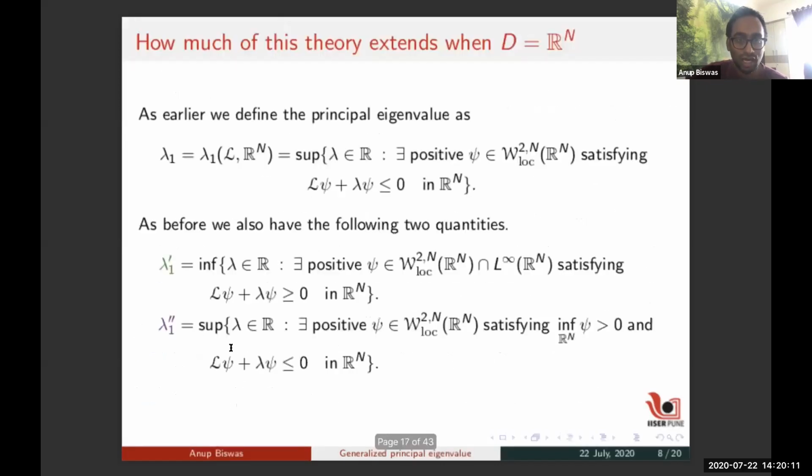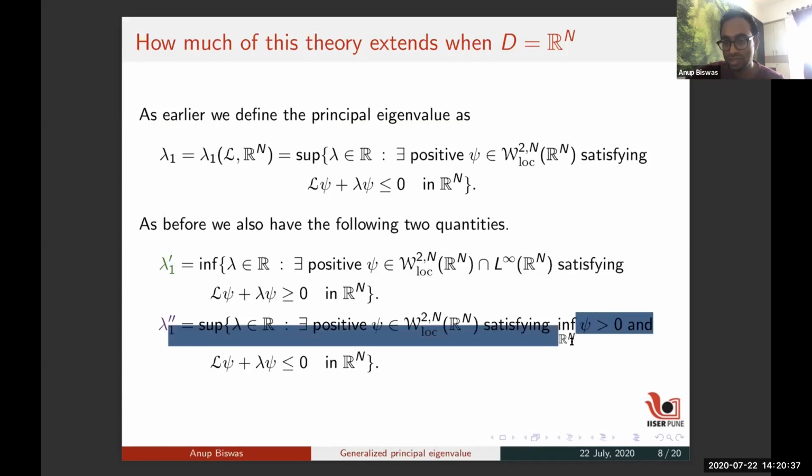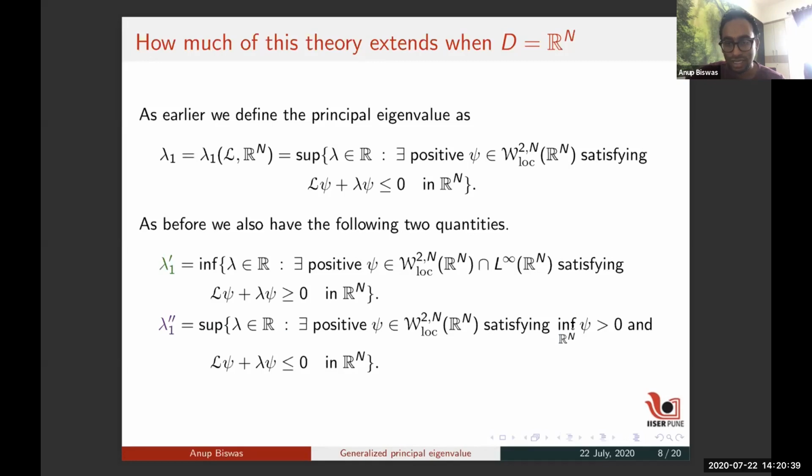Now go back to Rn. You see, I had characterizations of eigenvalues in bounded domains, and I showed there are 3 different representations for eigenvalues and all of them agree. So these representations were like this. The first one is a supremum where I take positive super solutions in Rn. And here, for lambda 1 double prime, I want my infimum to be positive. So this is one of the characterizations I had.